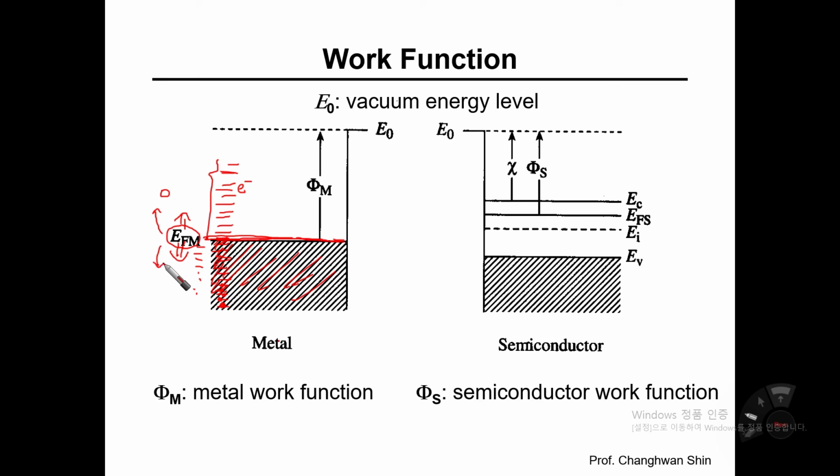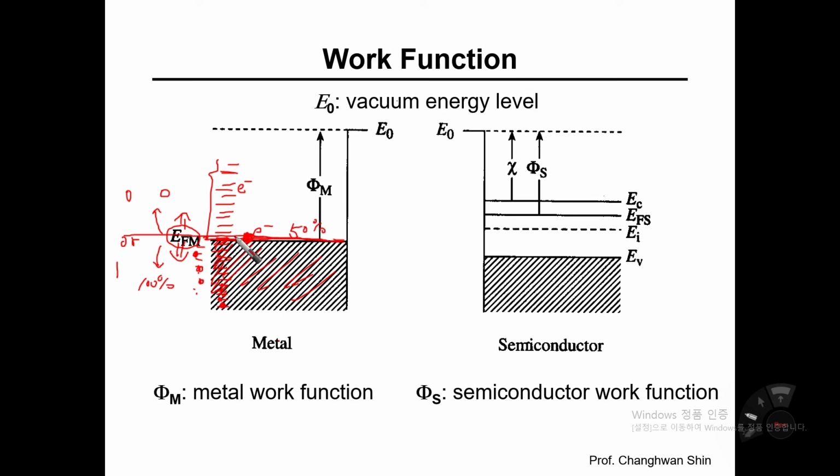But below the Fermi energy level, the probability of finding an electron is 100%, 0 or 1. At the edge of the Fermi energy level, the probability of finding an electron is 50%.